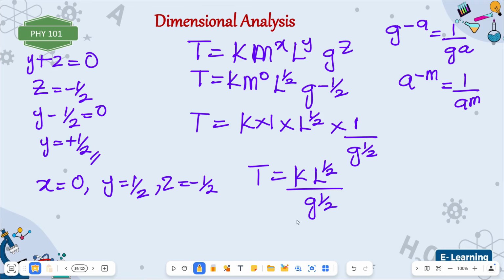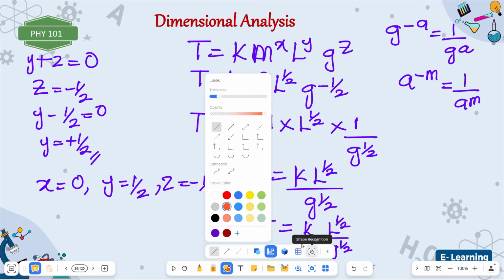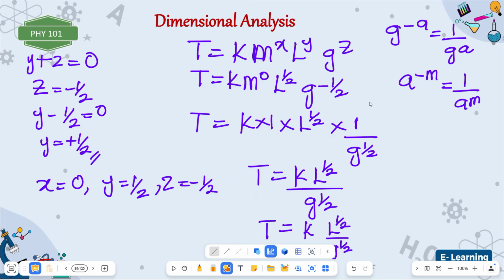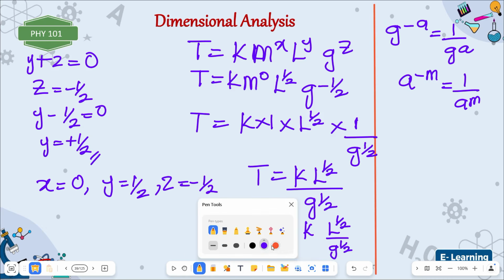All right. Of course, which should be equal to T equals K, L raised to the power of half over g raised to the power of half. Of course, finally, any number raised to the power of half can also be written as a square root.